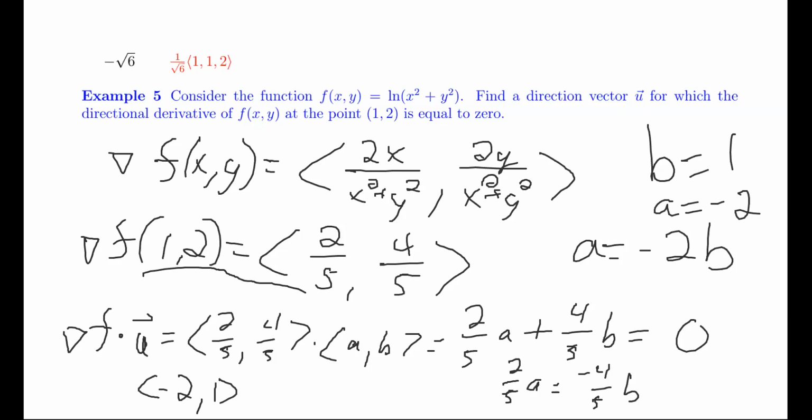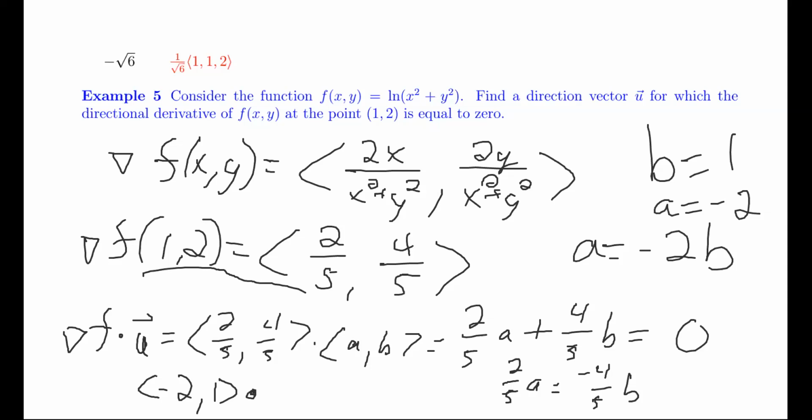So we have a vector that is orthogonal to the gradient vector at 1, 2, but we want the vector that is the unit vector in that direction. So we need to take the vector negative 2, 1 and multiply it by 1 over its magnitude. And the magnitude of the vector is square root of 5.